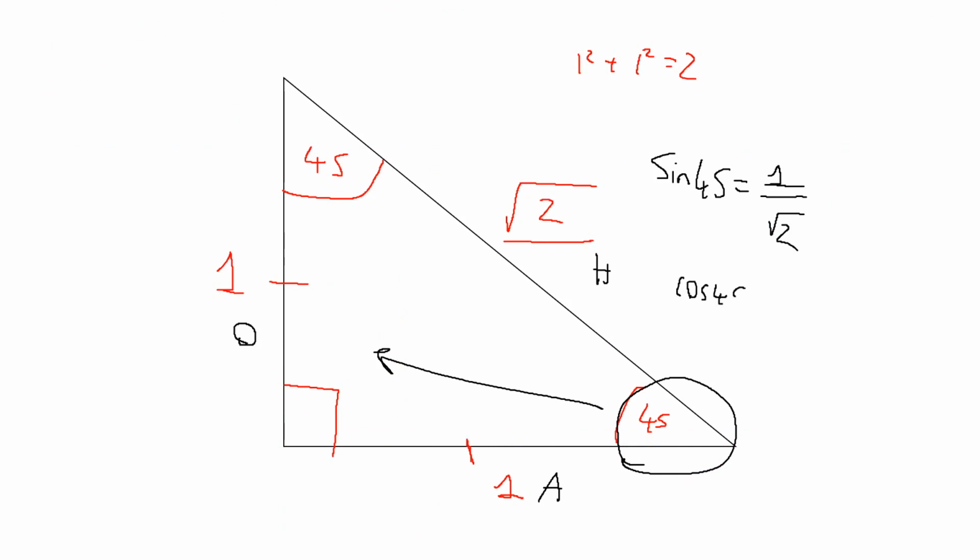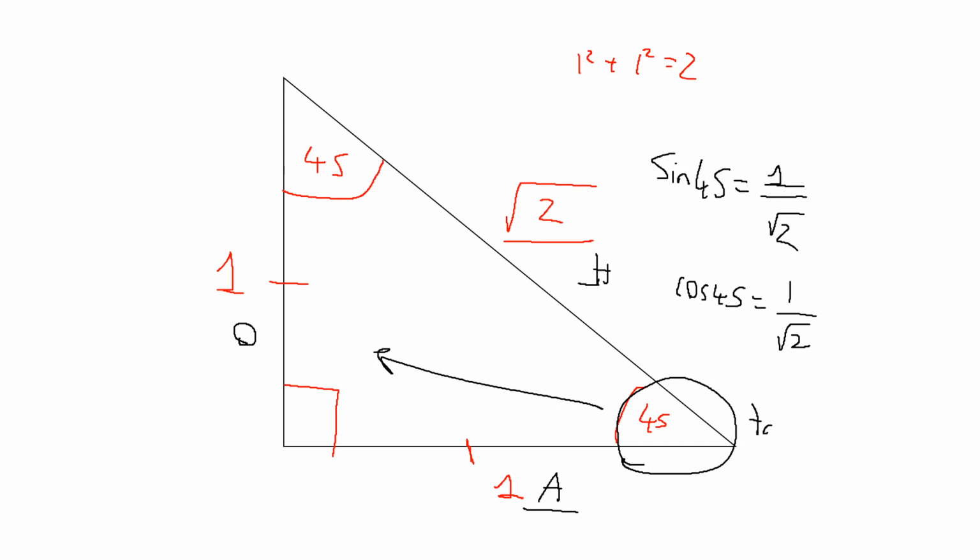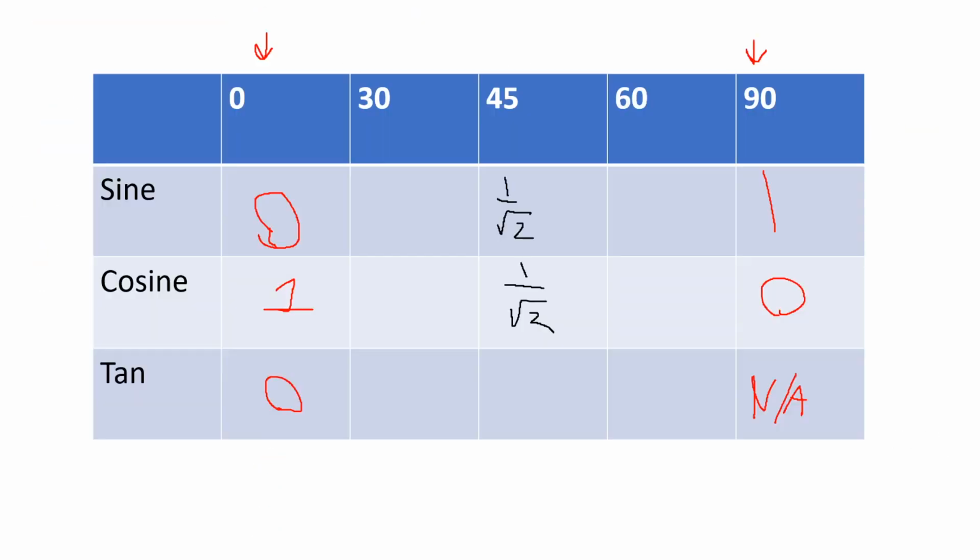Cos 45 is just going to be adjacent over hypotenuse, which is, again, 1 over root 2. And finally, tan 45 is once again equal to opposite over adjacent, which is 1 divided by 1, which is 1. Okay, so that's 45 done.